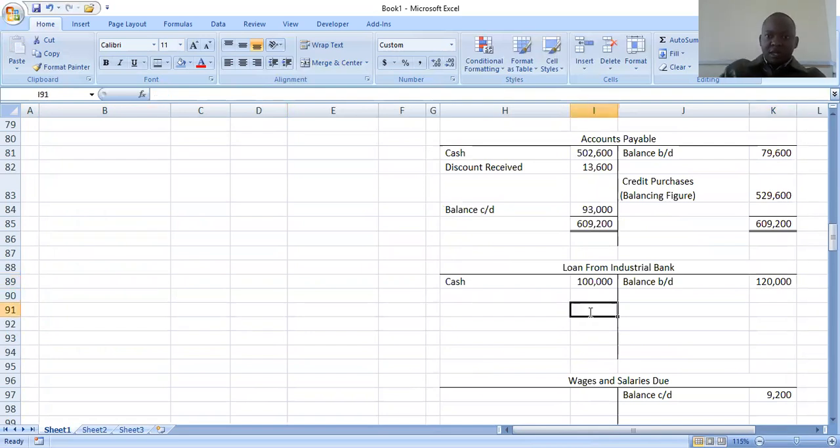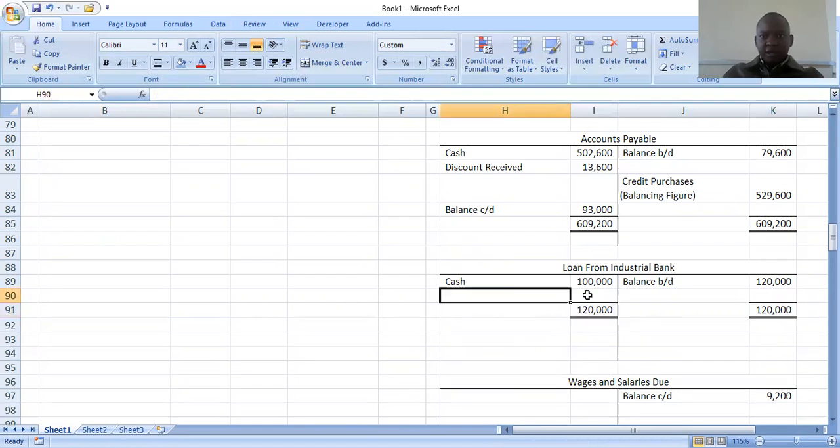The total of the two sides is equal, so we take the heavier total for both sides: 120,000 for both sides.